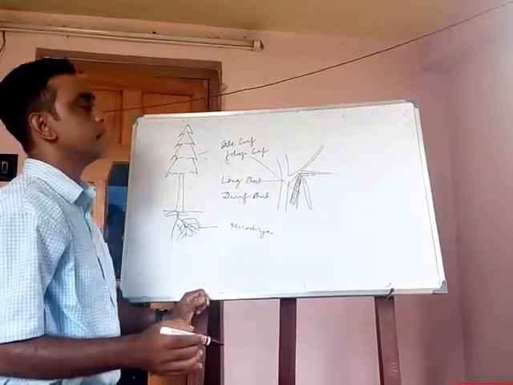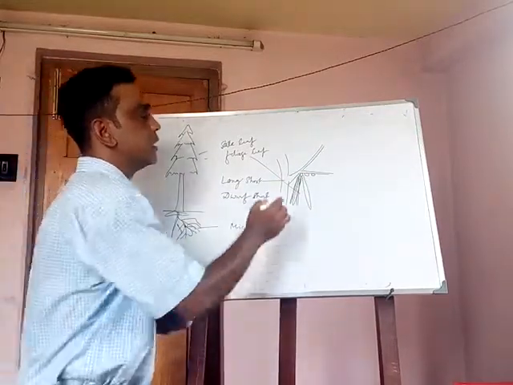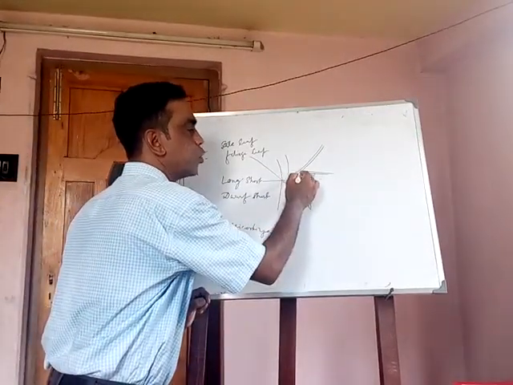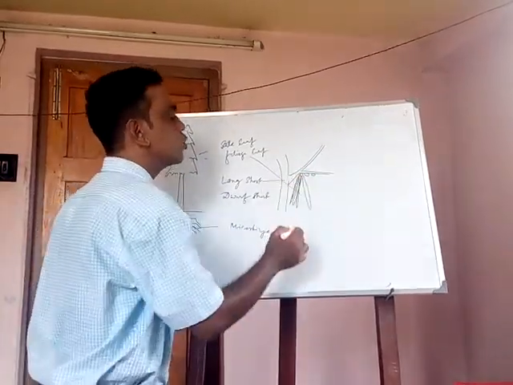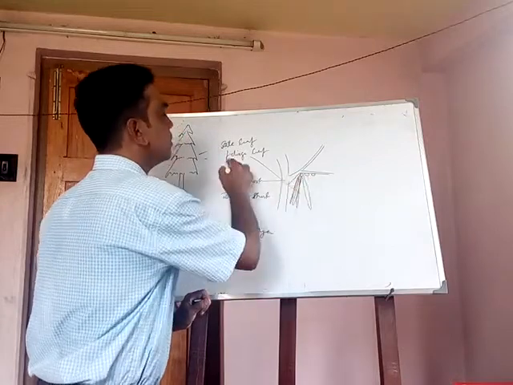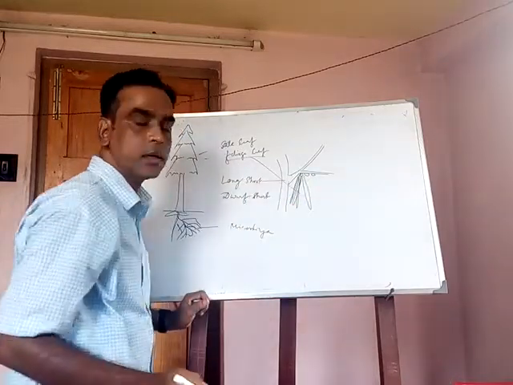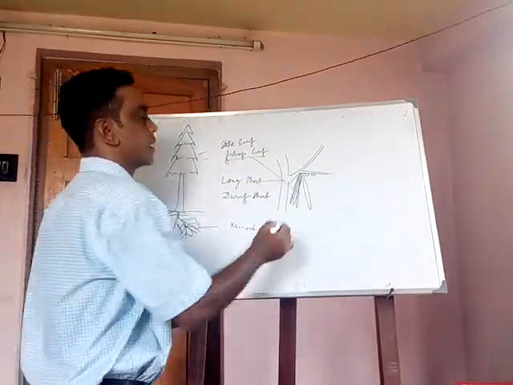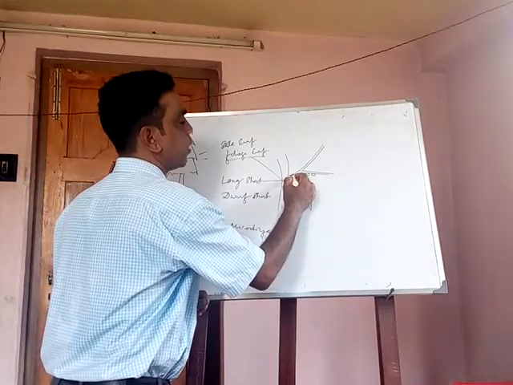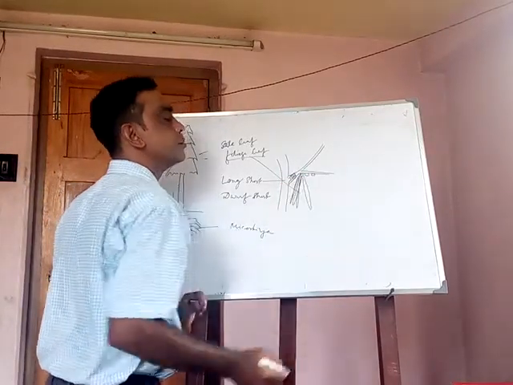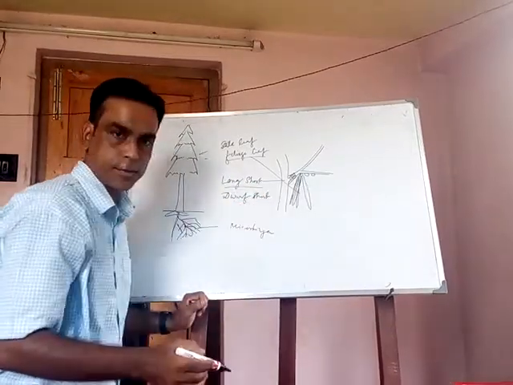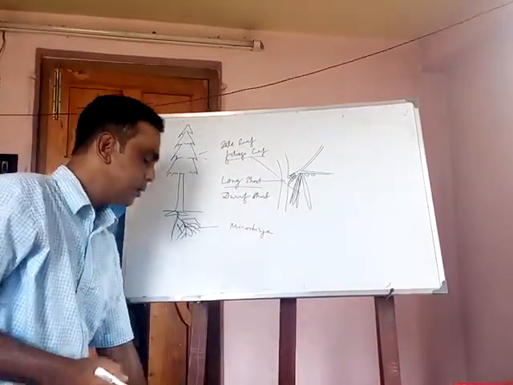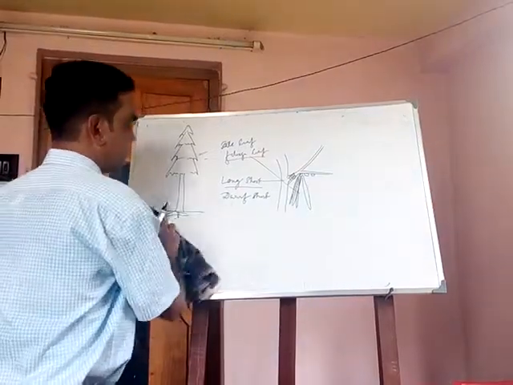Sometimes this type of shoot falls from the long shoot with the foliage leaf. It is called the dwarf shoot, and the scaly leaf is also found only on the long shoot, not on the dwarf shoot.